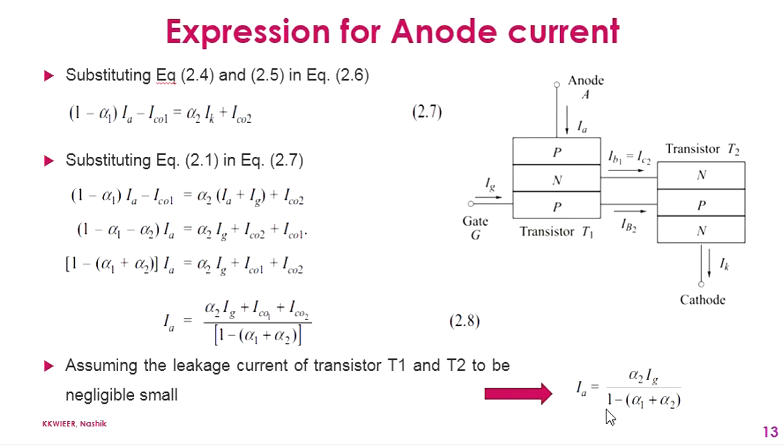From this equation we can analyze that if alpha 1 plus alpha 2 is equal to 1, that is unity, the value of anode current IA will become infinite, as 1 minus 1 is equal to 0. The anode current suddenly attains a very high value approaching infinity. The device suddenly latches into conduction, the on state, from non-conduction, the off state. This type of characteristic of the device is known as regenerative action.